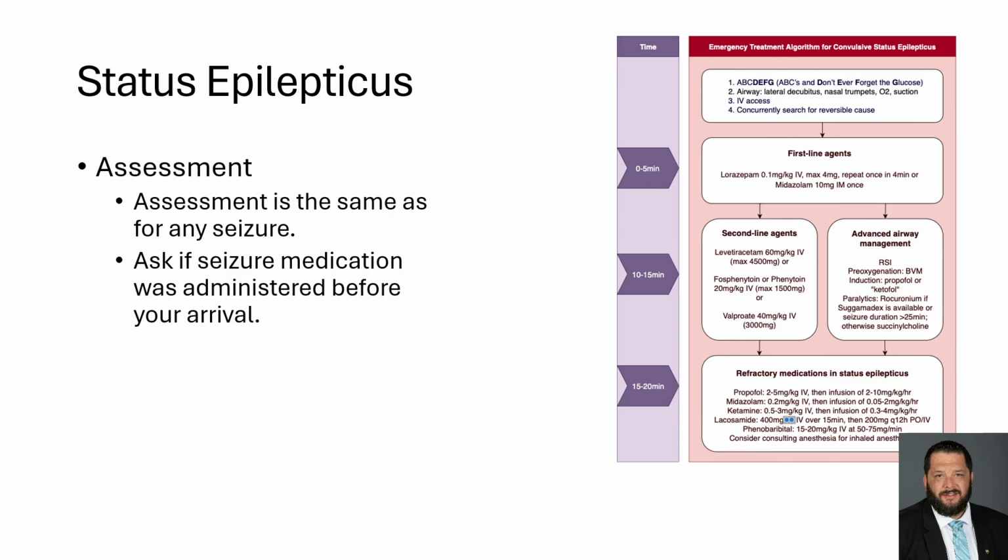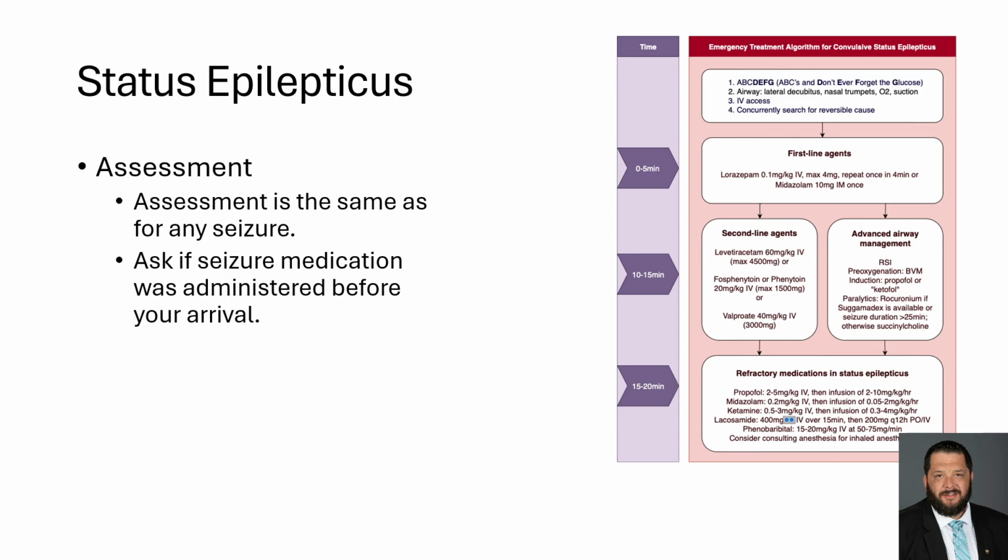For medication, you'll have first line anti-epileptic or anti-seizure medications. This includes things like Ativan and Versed. Depending on your protocols and your guidelines within the service that you're in, you may have second line pharmaceutical agents that you can use for these patients, or you may be required to redose.